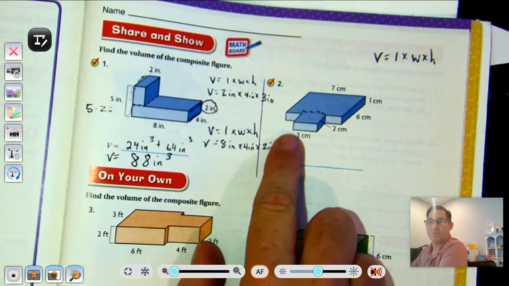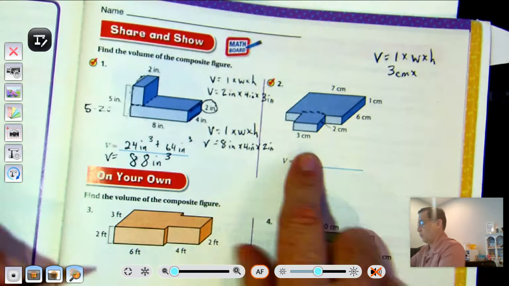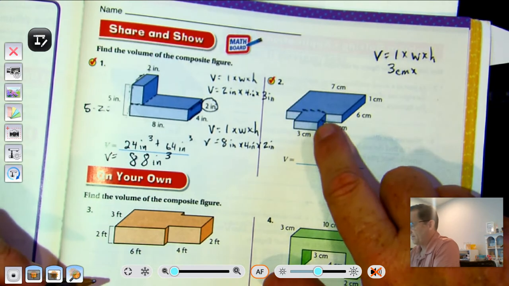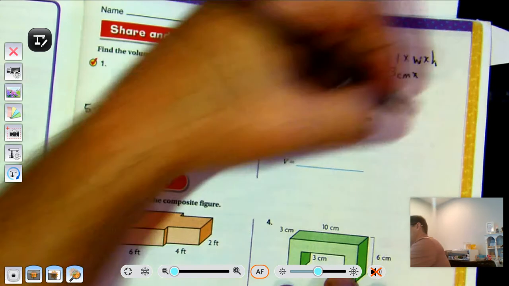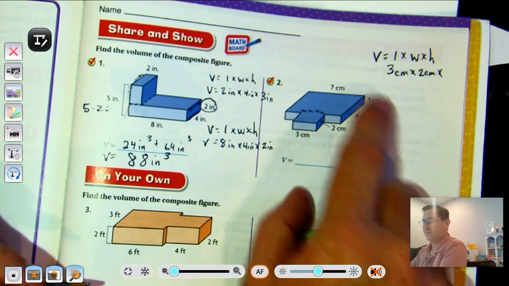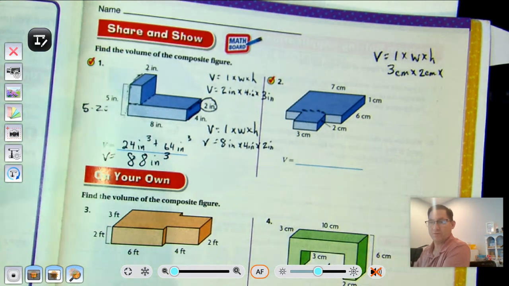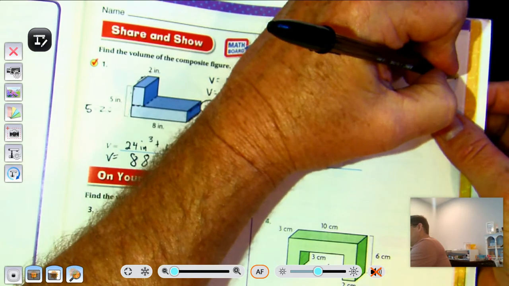What's the length? Well, I know the length is 3 centimeters. The width, they're telling me that this piece here is 2. So it's the same as the bottom. So the width is 2 centimeters. What's the height? Well, the height's the same of both of them, right? They're equal levels. And that height is right there, so 1 centimeter.